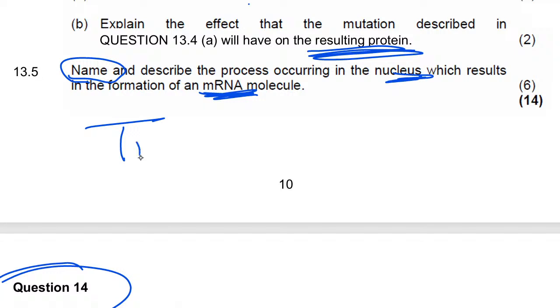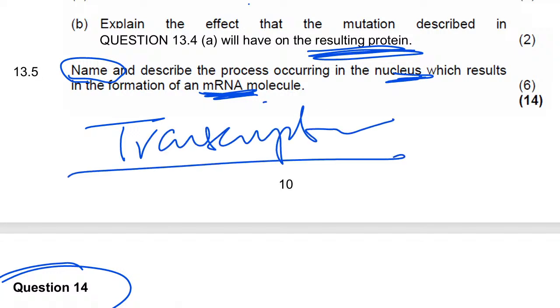So you mention that this is a process called transcription, and it's a mark. That's 1 mark, so now you have 5 marks to go. From there, you start to describe the process of transcription. You have to first identify it correctly, because if you describe translation, you're going to get it wrong, because translation occurs in the cytoplasm on the ribosome. The process which occurs in the nucleus is transcription.